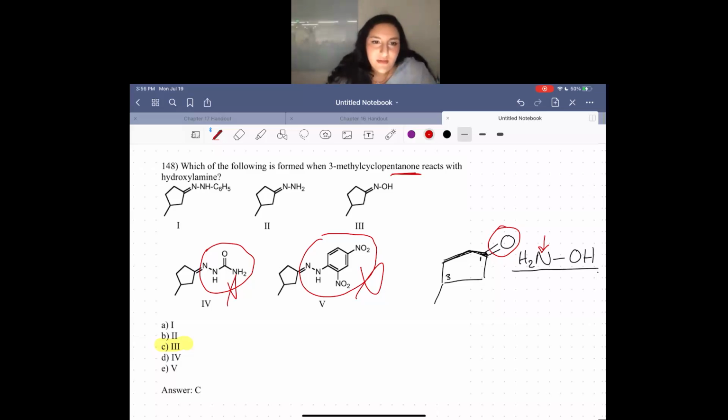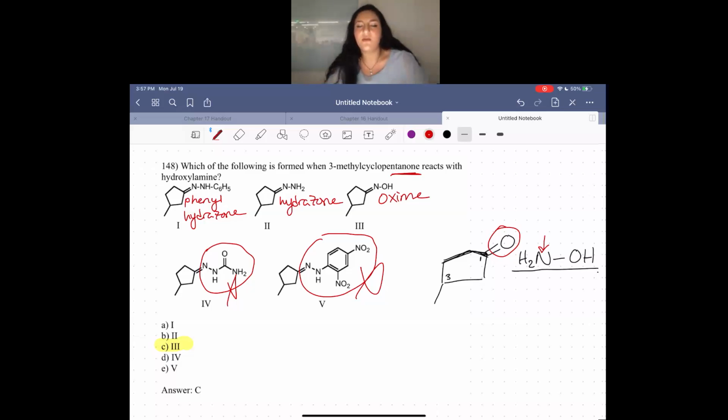And then we know that this is an oxime. This is a hydrazone. And this is the phenylhydrazone. So 4 and 5 were just ugly distractors. 1, 2, and 3 all were real reactions that we did in chapter 16, but the oxime was the correct answer.